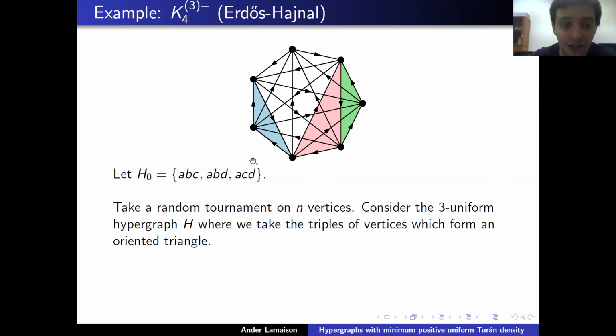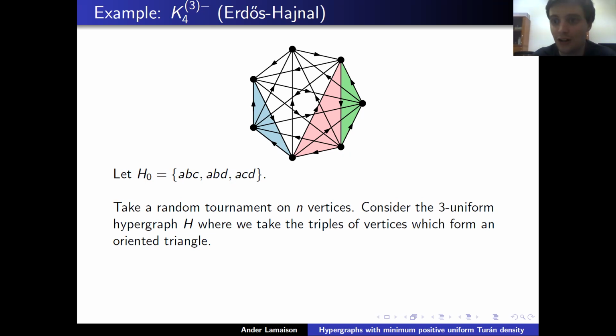And then to justify that we do not see H0 in this hypergraph, we can look at the pairs of vertices AB, AC, and AD. By pigeonhole, either 2 of them are oriented towards A or 2 of them are oriented away from A, and those 2 pairs of vertices cannot be in the same oriented cycle.